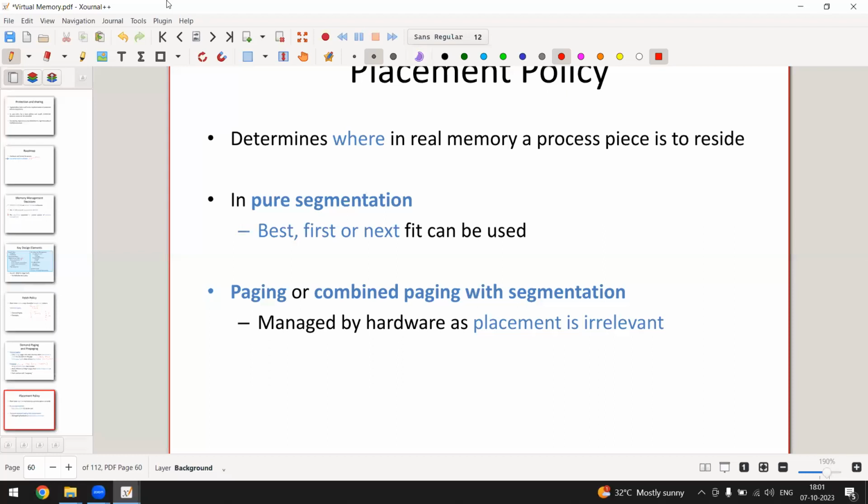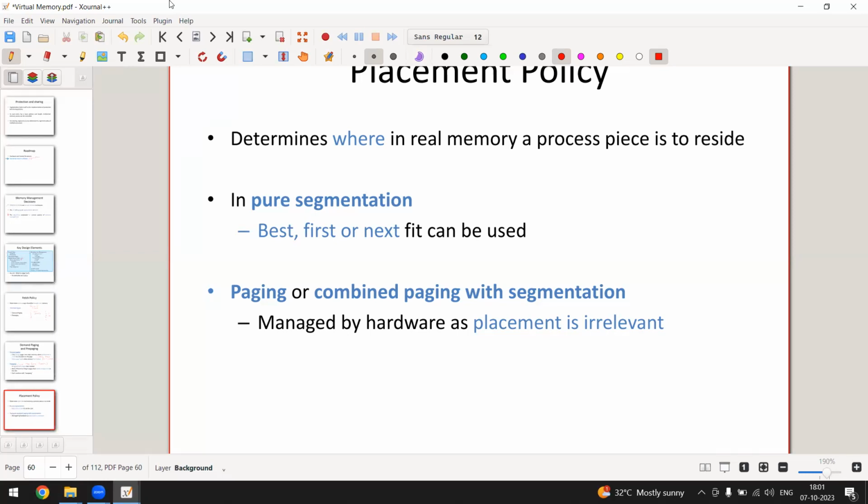Quick recap: if you are using pure segmentation, you can use algorithms like first fit, next fit, best fit. If you are using paging or combined paging with segmentation, it is decided by hardware. So this is related to your placement policy.